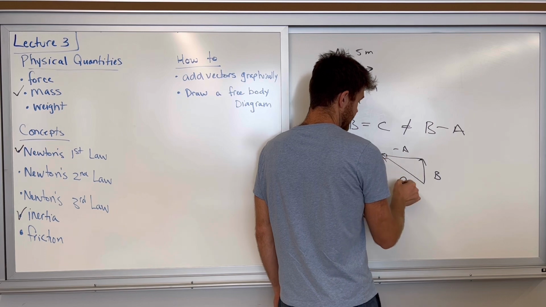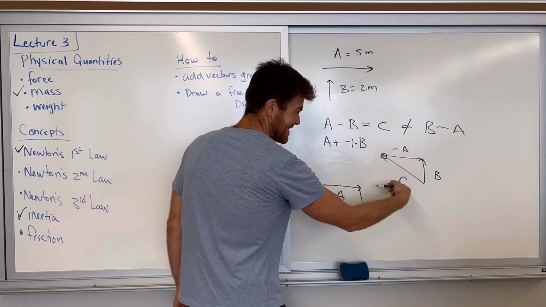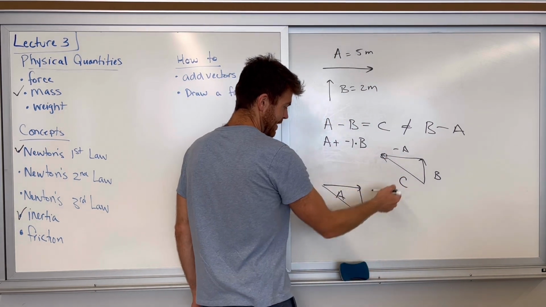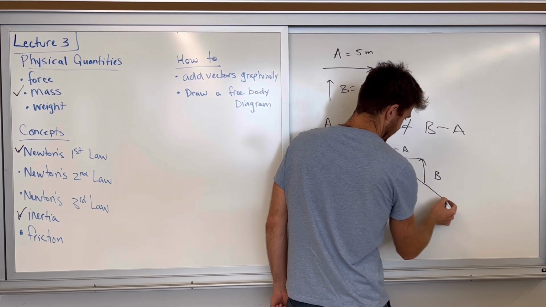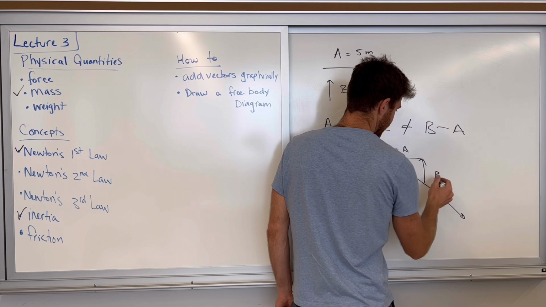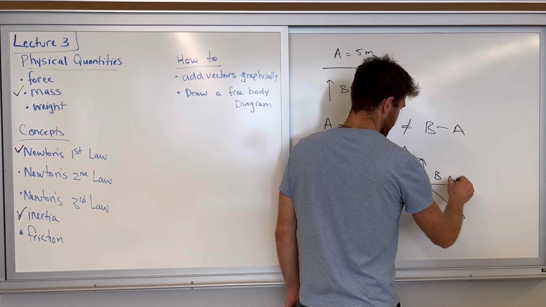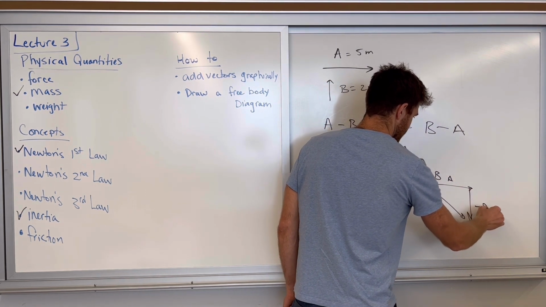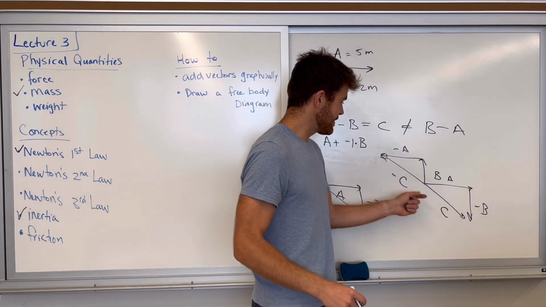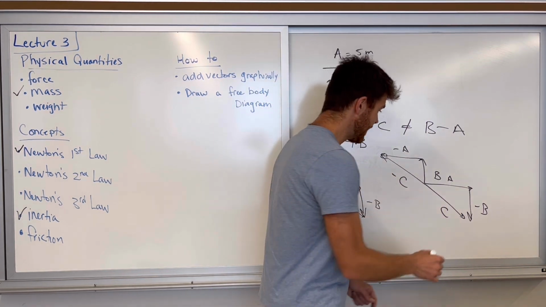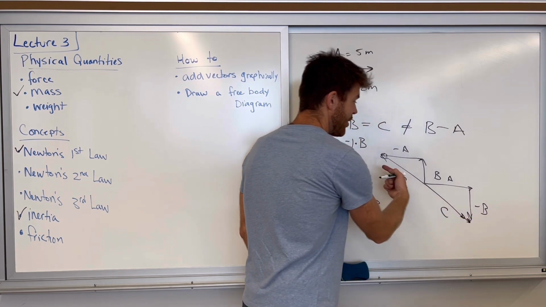We get C. But you'll notice that this C is equal to, this is negative C. This is C. So what we do get is the same vector, same length, C, but just pointed in the opposite direction.